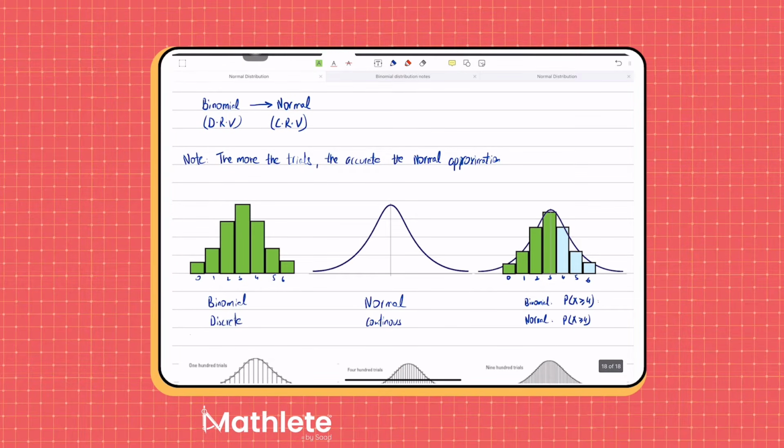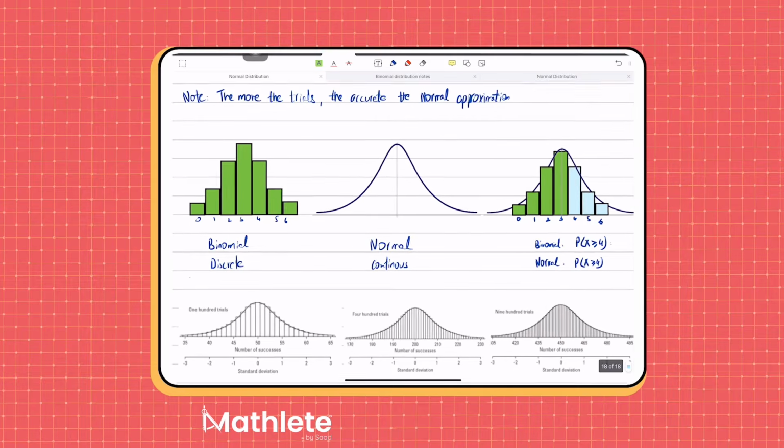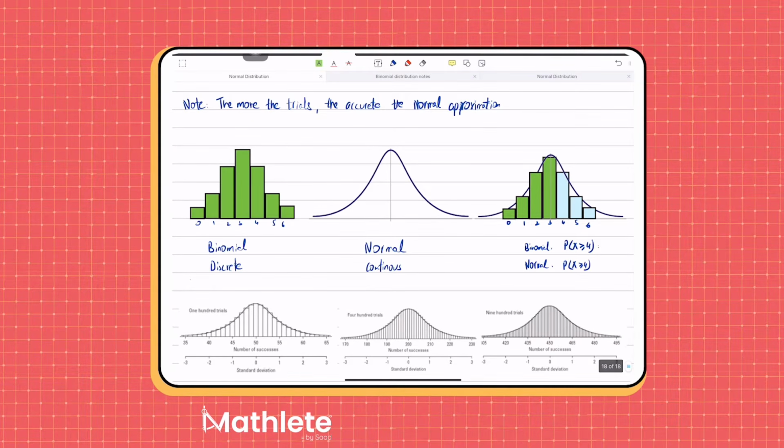Okay, so here is basically how we learn that the more the number of trials, the more accurate the normal approximation. So basically what you see on the x-axis, the horizontal axis, are the number of successes, and what you see on the vertical axis, although I haven't drawn it over here, are basically probabilities.